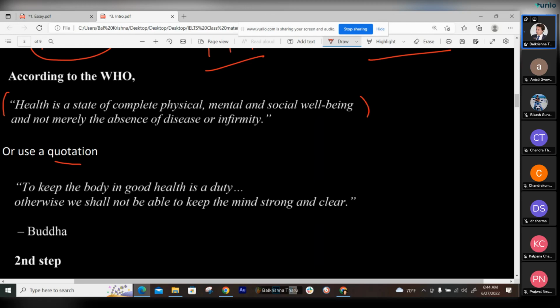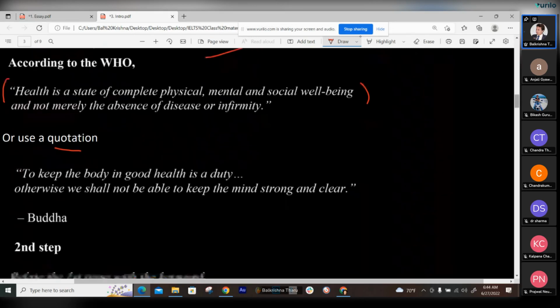The purpose of step one is to introduce the reader to the keyword. What does the keyword actually mean? Your definition or your quotation or your saying must make the reader clear about the keyword. Any keyword.